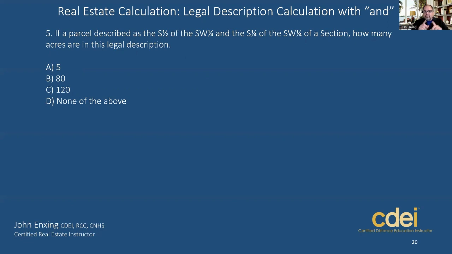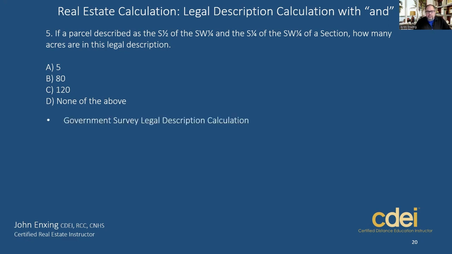Okay. So you've got one and another of a section. Okay. So you got to think when the word and is used, you've got two separate acreages you got to add together to get the amount of acreage for that section. Okay. So let's go through this.